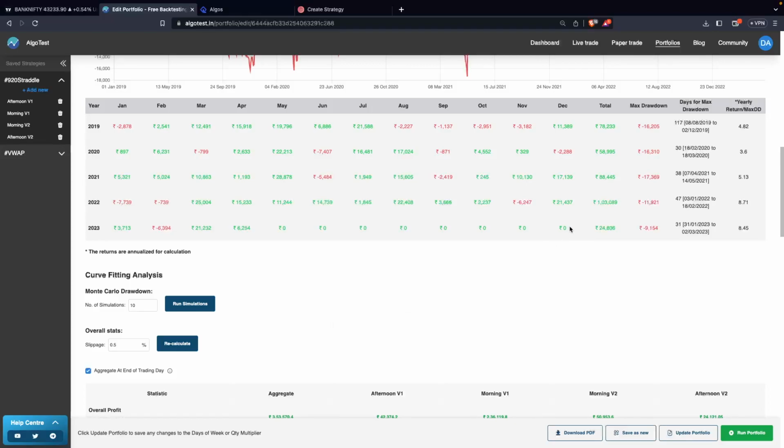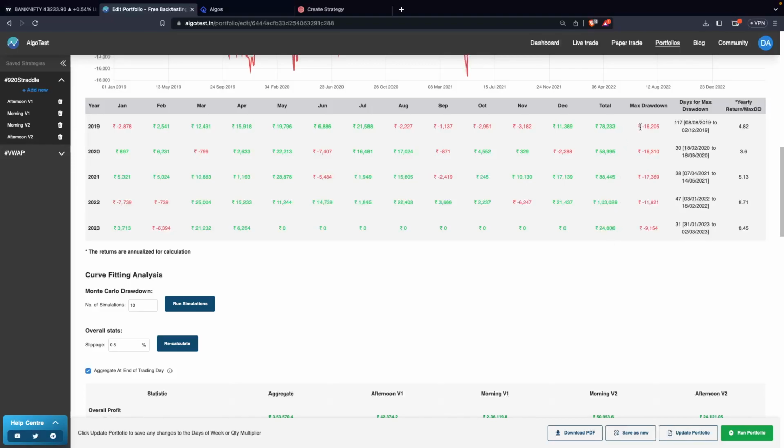So when we have considered the slippages, the total returns for the last year decreased from 1,32,000 to 1,03,000. So basically, you will not face drawdowns in every trade, but there are possibilities that there may be drawdowns in some trades. We have used 0.5% slippage in all the past trades that have already taken place.